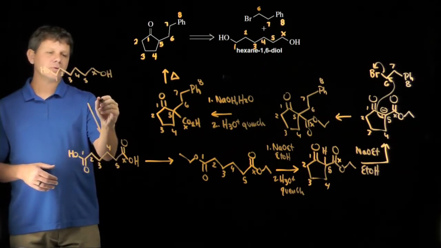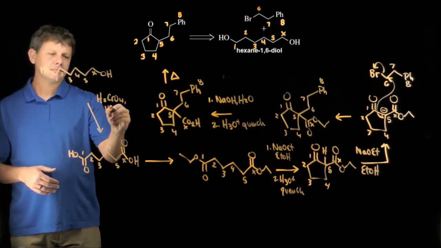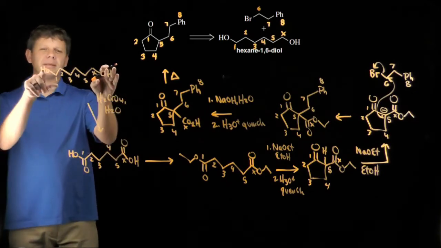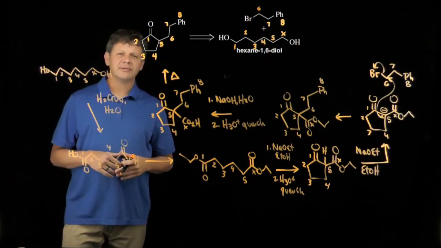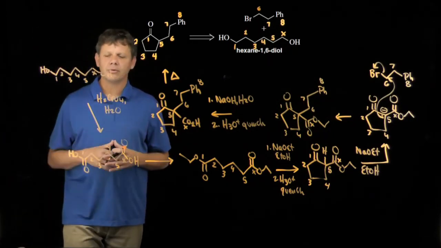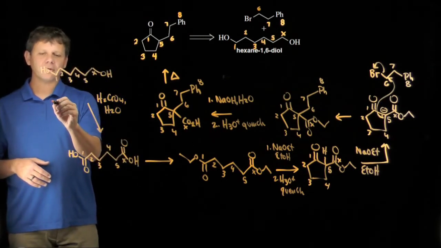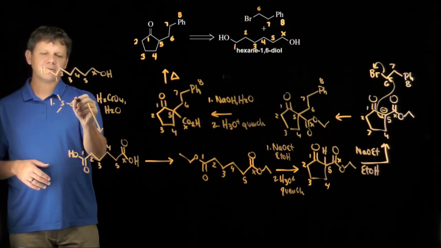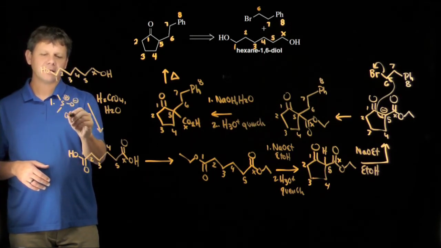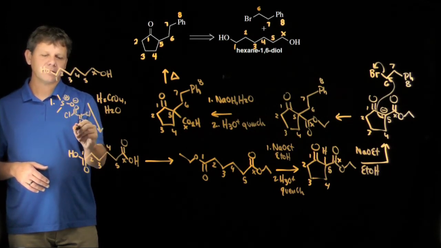We can use chromic acid to go directly from the primary alcohols to the carboxylic acids, but we know that chromic acid is pretty toxic and we want to avoid using it. So the other way we could do this is to first do a Swern oxidation, which uses the reagents DMSO and oxalyl chloride and triethylamine.